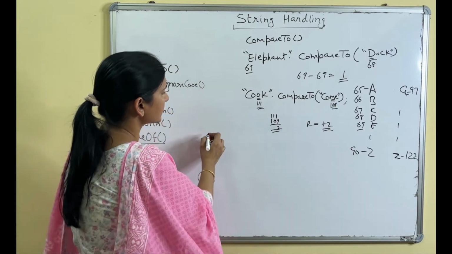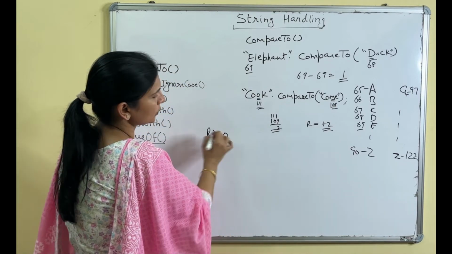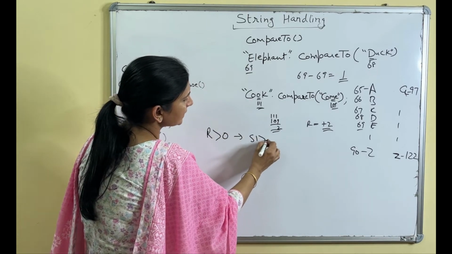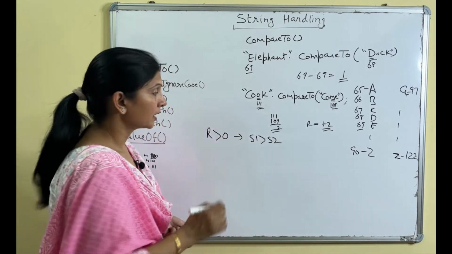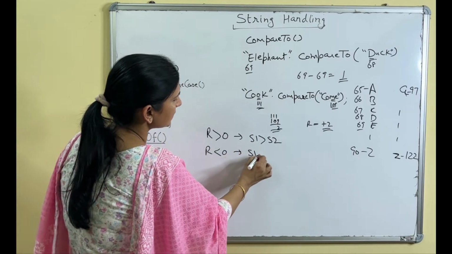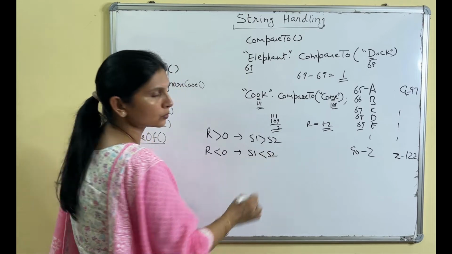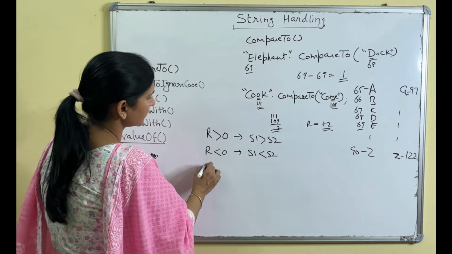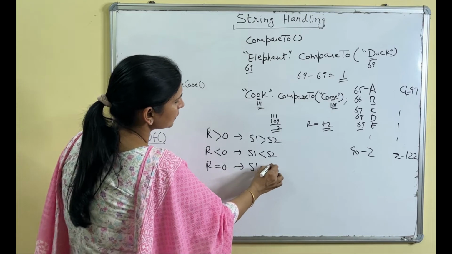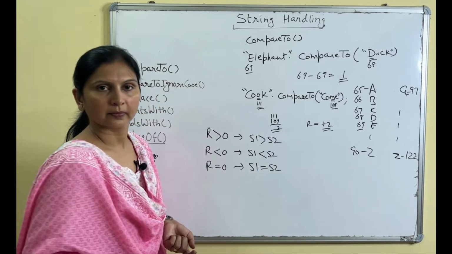If the result is greater than 0, then it means string 1 is greater than string 2. If the result is negative, it means S1 is smaller than S2. And if the result equals 0, it means S1 equals S2.